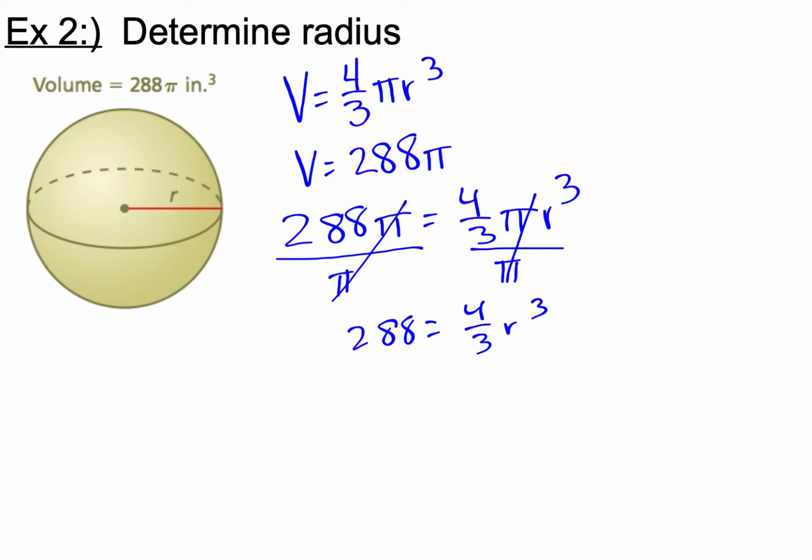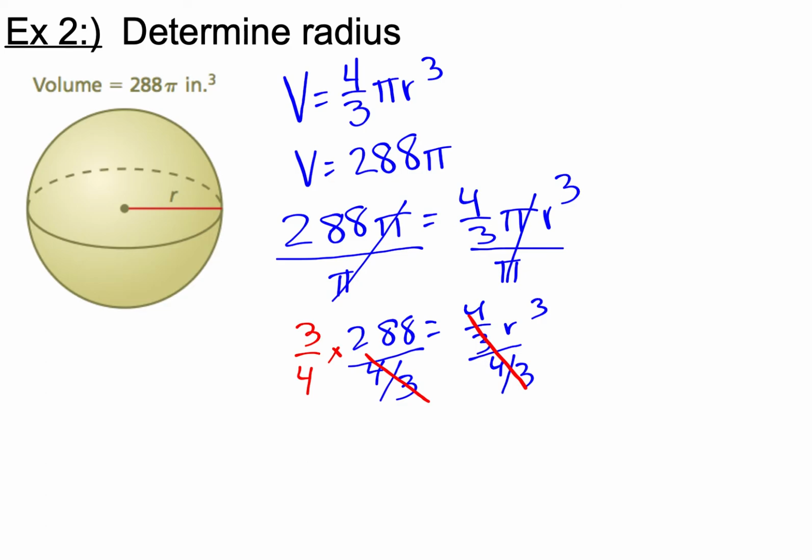Now I can divide by 4/3, but remember when you divide by 4/3, it is logically equivalent to multiplying by 3/4, because when you divide by a fraction, you multiply by the reciprocal.